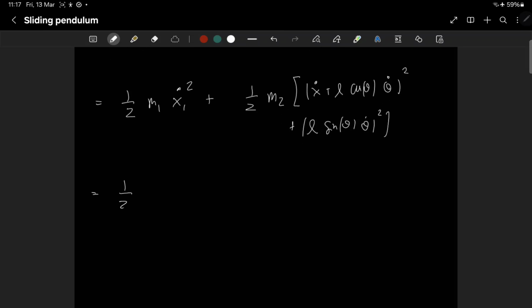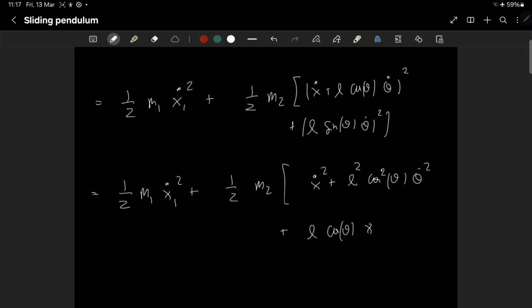So we get 1/2 m1 x1 dot squared plus 1/2 m2, and then x dot squared plus L squared cosine squared theta theta dot squared plus 2 times L cosine theta x dot theta dot.